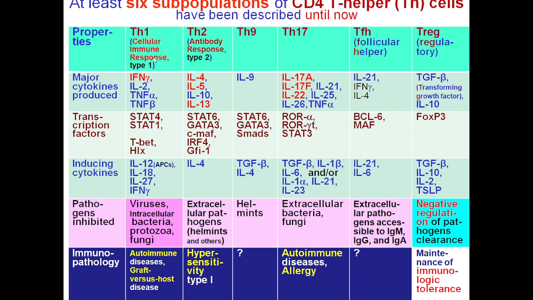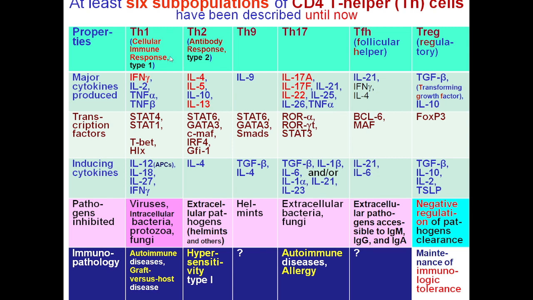This T helper type 1 cell maintains the cellular immune response directed against viruses, intracellular bacteria that serve as intracellular parasites, and intracellular protozoa and fungal parasites. It means the T helper type 1 response is directed to kill all cells infected by these intracellular parasites.